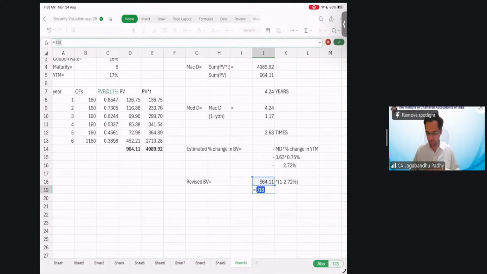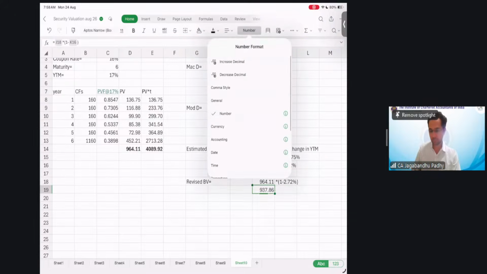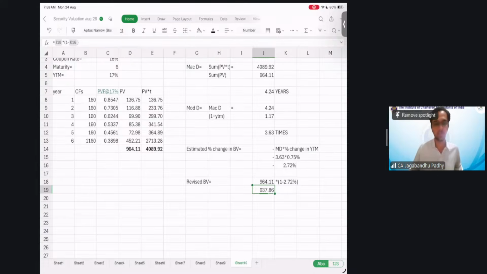There will be 964.11 into 1 minus 0.0272. So the revised price is 937.86.